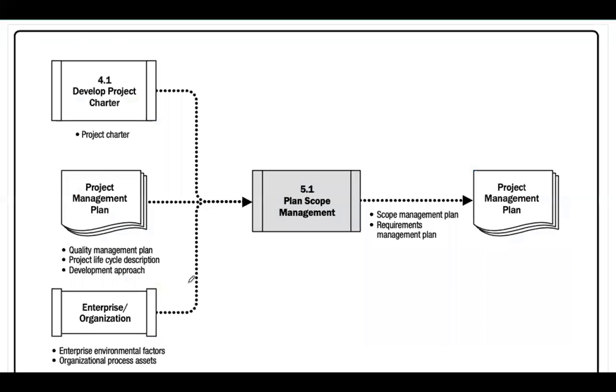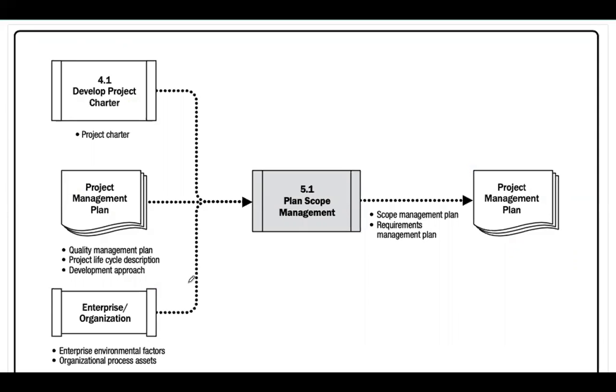So into the scope management plan, we have the following inputs: the project charter, the project management plan aspects, especially the quality management plan, the life cycle description, and the development approach. These kinds of documents define and inform how we're going to be managing the scope.